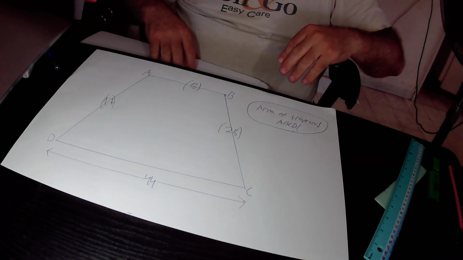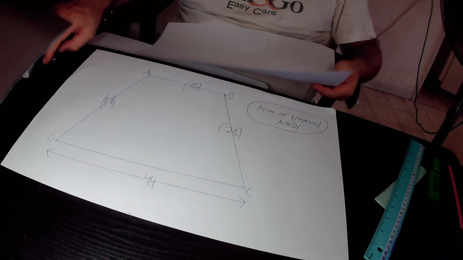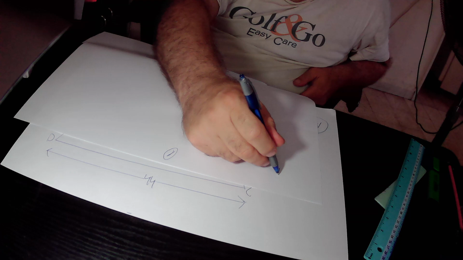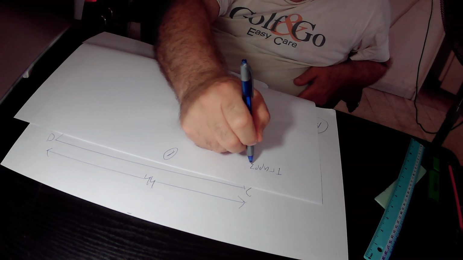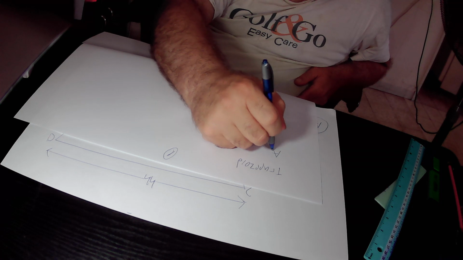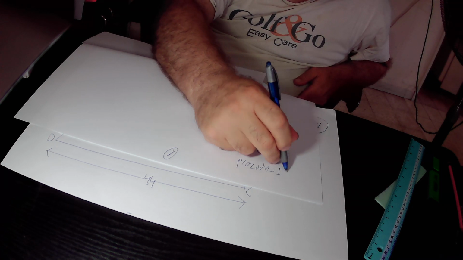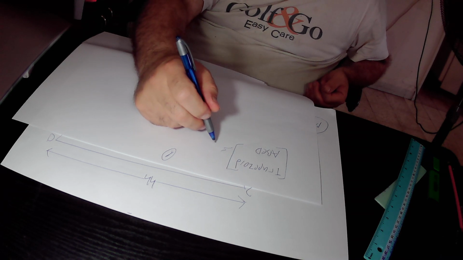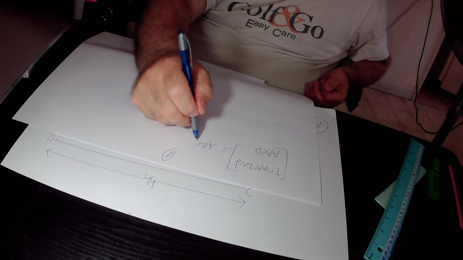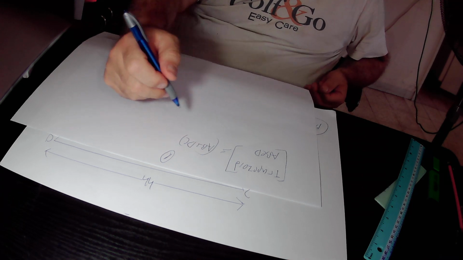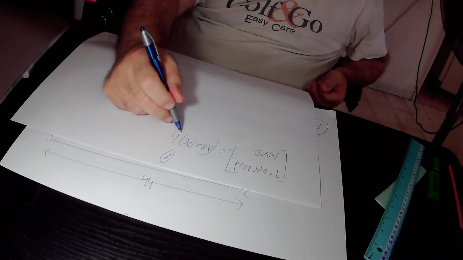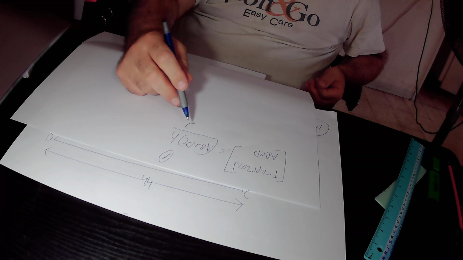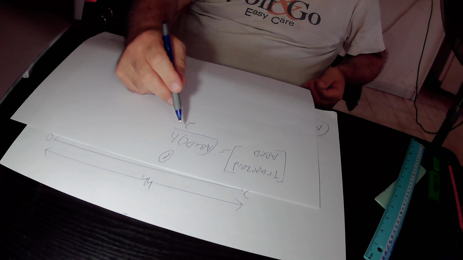So the area of trapezoid ABCD equals AB plus DC, times the height h, divided by 2. Again, the height h must create 90 degrees with the two bases AB and DC.